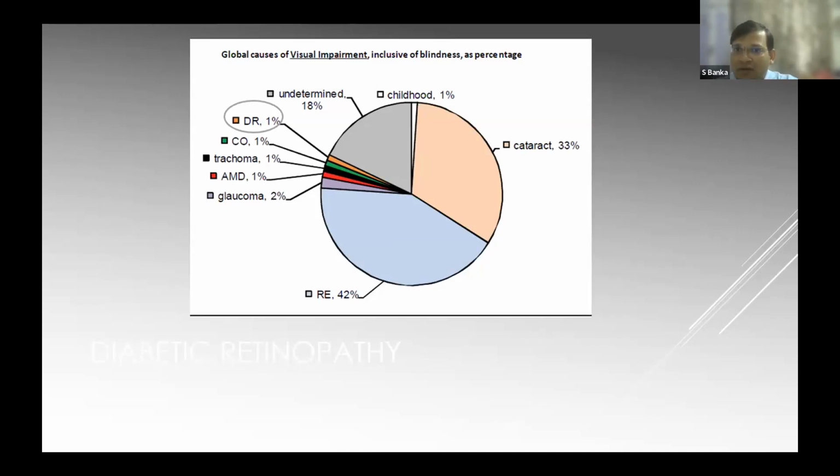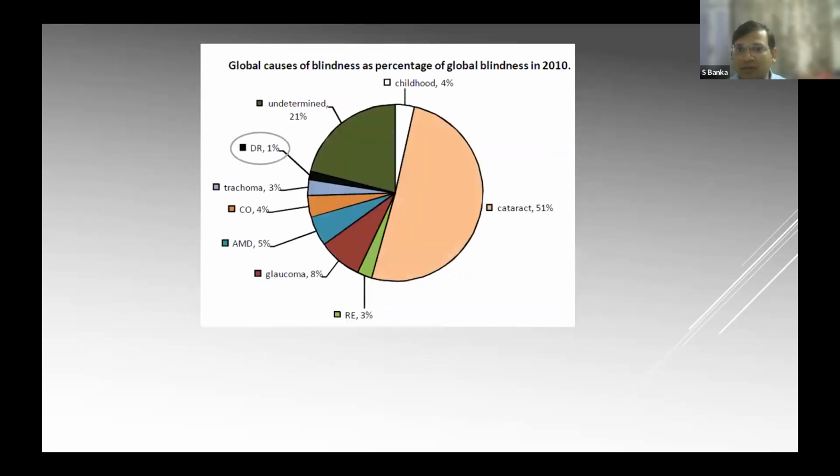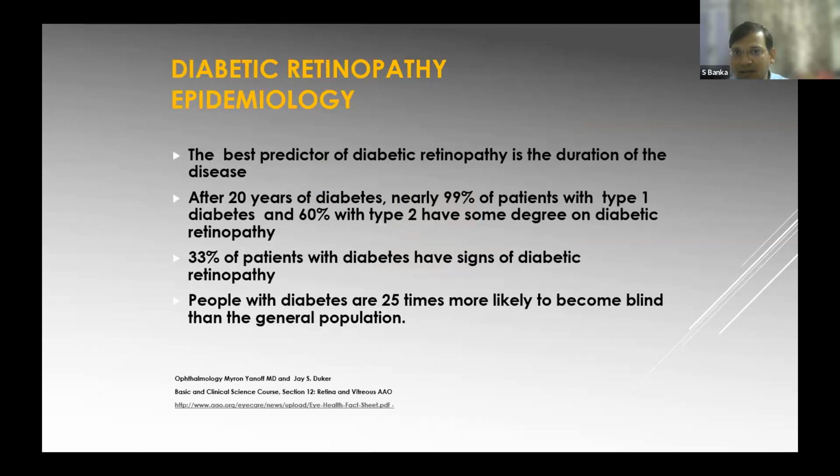Now, as a cause of visual impairment, almost 1% of the patients of diabetic retinopathy are responsible for visual impairment, and the same 1% is the ratio for patients who are having blindness. The best predictor of diabetic retinopathy is the duration of diabetes.